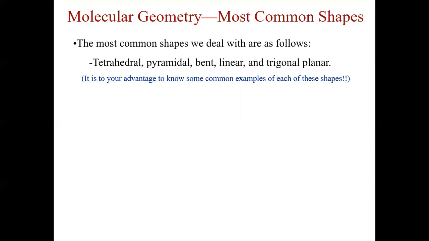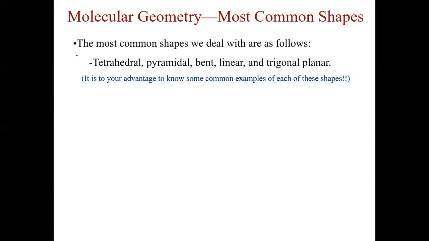Sometimes we're going to have pyramidal, like a trigonal pyramidal or a trigonal bipyramidal. Your bent, your linear, and your trigonal planar. So it's to your advantage to know some of the common examples from these shapes. So let's just talk about a few of those.